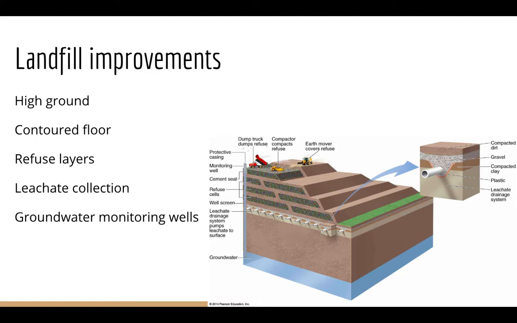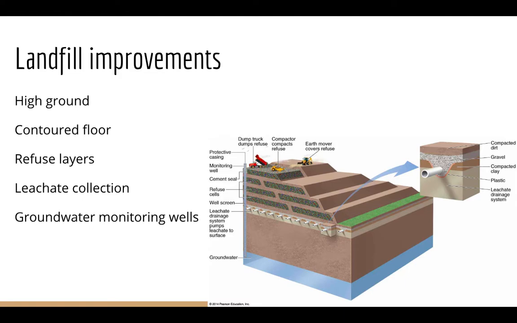Another characteristic would be to have a contoured floor. So with a contoured floor, the floor of the landfill will slope downwards. That way, if any water is able to seep into the landfill, it's all collected at the bottom in the same place. It sort of falls down the sides and will be collected at the bottom.